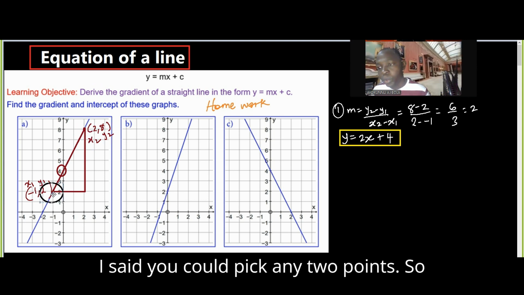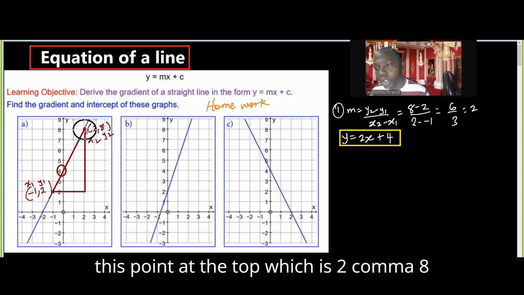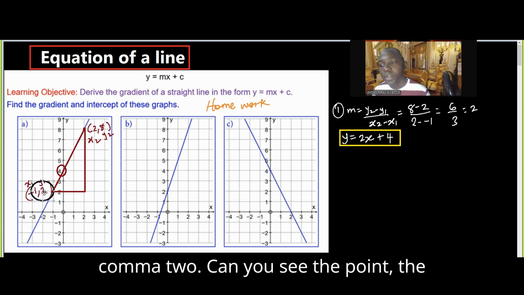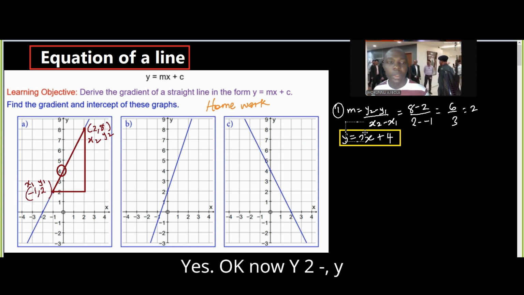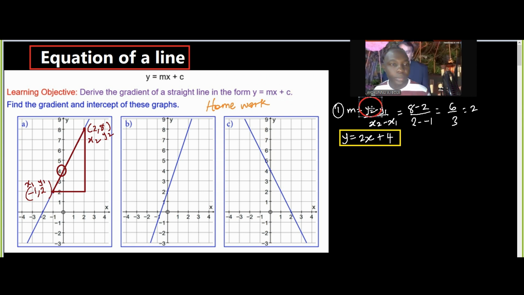So I said you could pick any 2 points. The points I picked are this point at the top, which is 2 comma 8, and this point at the bottom, which is minus 1 comma 2. Can you see the coordinates? Yes. Now y2 minus y1 over x2 minus x1 is the gradient.